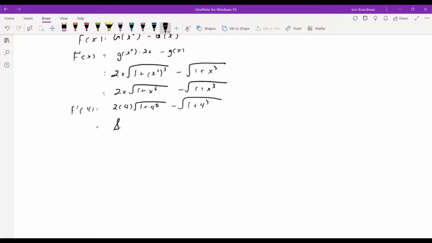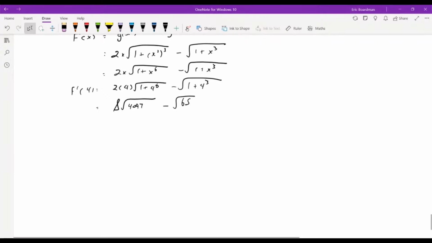So this is 8 times the square root of, 4 to the power of 6 is 4,096, plus 1 is 4,097, minus the square root of 1 plus 4 cubed. 4 cubed is just 64, so this is 65. So this is the answer: 8 times the square root of 4,097 minus the square root of 65. And so now I'll go on to the next question.